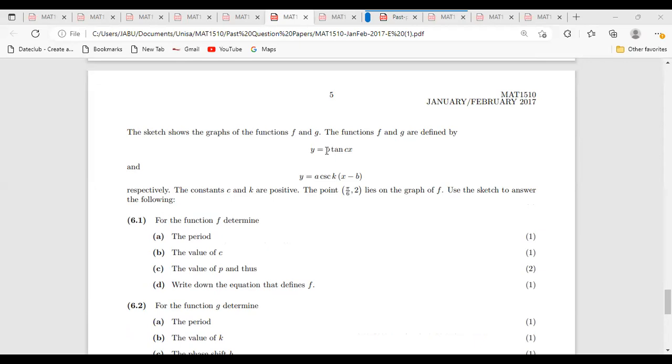Now I know the value of C. I can use this point. You remember the point I said is going to be important. I can use the point as my y and x to solve for P. Let's do that.